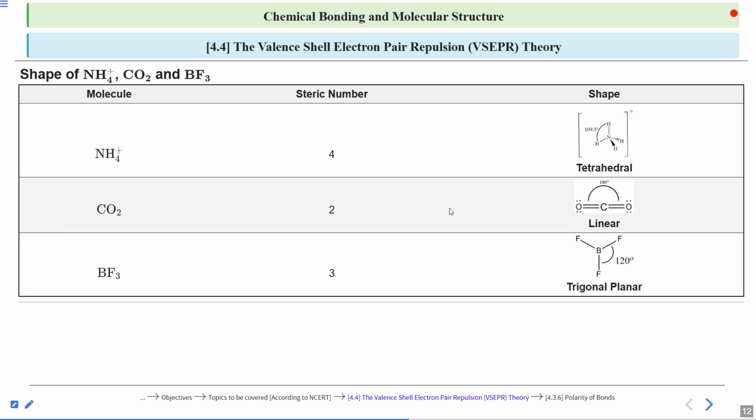Whereas in case of CO2, the steric number is 2. So it will be of linear shape. Now see here, the CO2 has 4 bonds, but this double bond and this double bond, both are being considered as a single bond, and therefore 2 single bonds will contribute to steric number 2. And lastly, for the case of BF3, you can see 3 bonds are there.